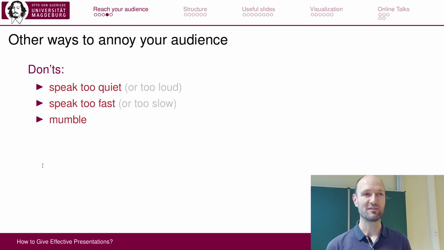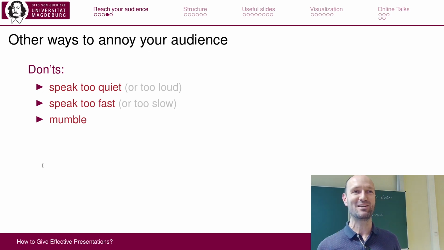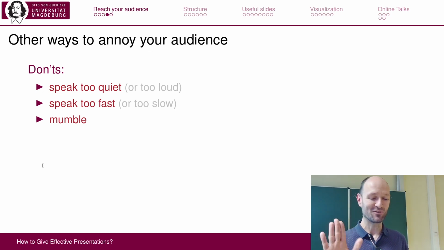There are some other ways to annoy your audience. If you speak too quietly, right, then it's very challenging for the people in the back of the room to listen. Then I remember that we told our students, speak up loud so people can hear you. And then people were really screaming all the time, and everyone in the first row, their ears were bleeding, right? So if you speak too loud, it's also a challenge.